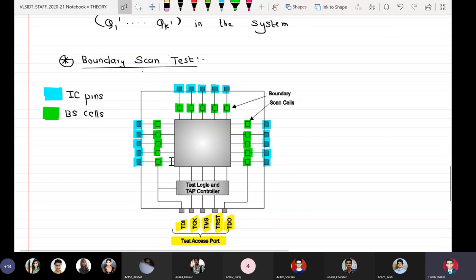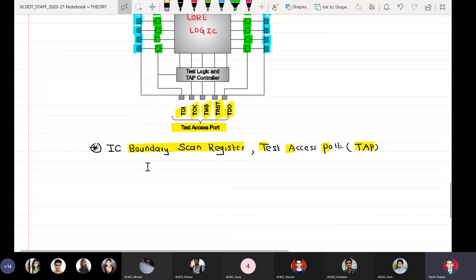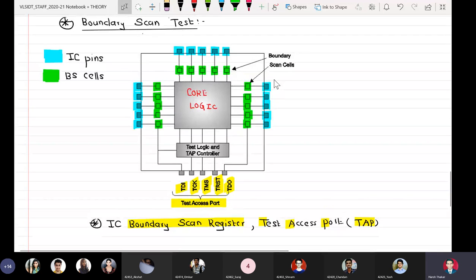Okay, so we can clearly see. What is there in between? Here we have our core logic of the IC. So in between the IC pins and the core logic, we have boundary scan cells. Same here also.